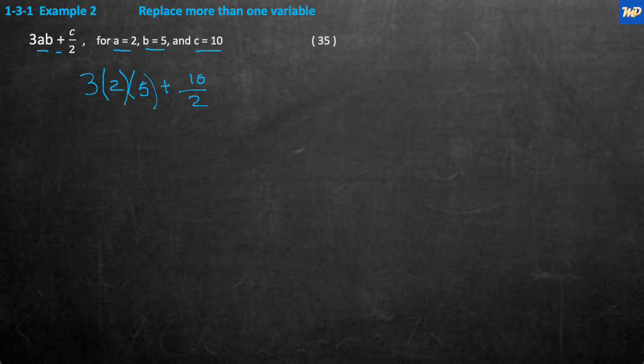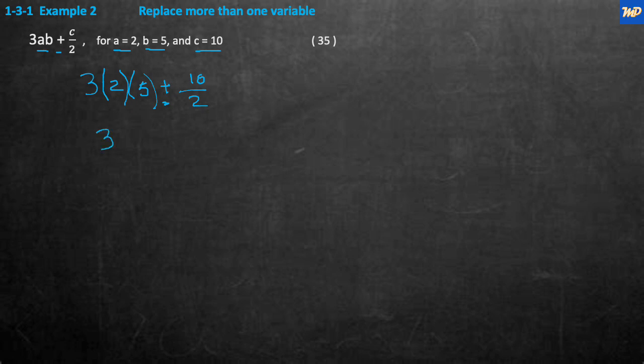So now we can do the math. And PEMDAS, or our order of operations, says that you do the multiplication and division before you do the addition. Here's the addition. We're going to do that last. So 3 times 2 is 6, and times 5 is 30.